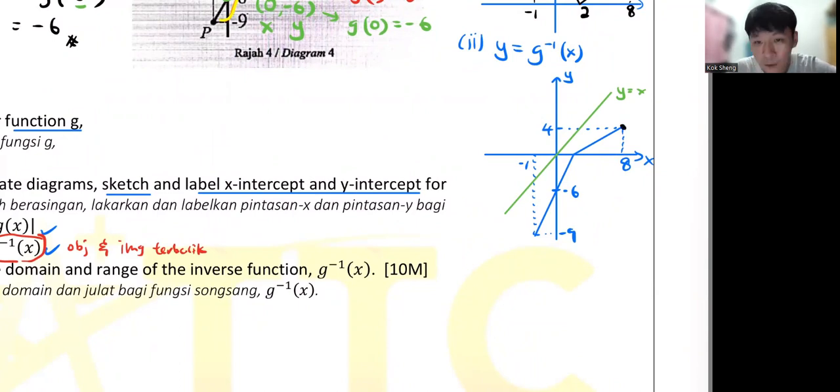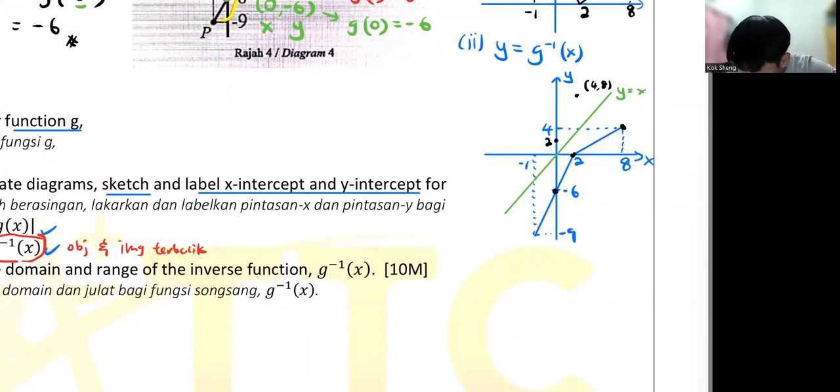For the point here, the (8, 4), swap it. So it'll be somewhere around here. The object and image swap. Next point, here I forgot to label. This is 2. After the reflection, it'll be over here, which is negative, also becomes 2.